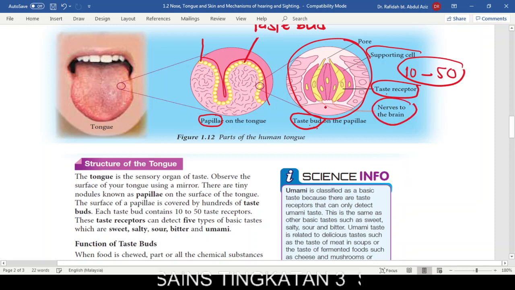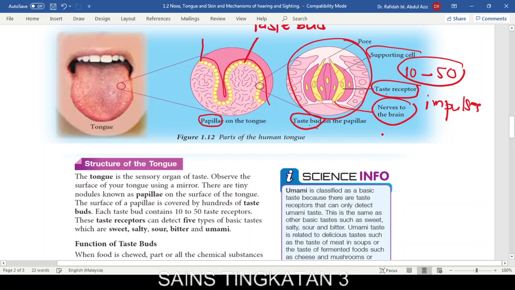So at the end of this taste receptor there is a nerve, and this nerve will send nerve impulses to the brain to be interpreted as the type of taste.